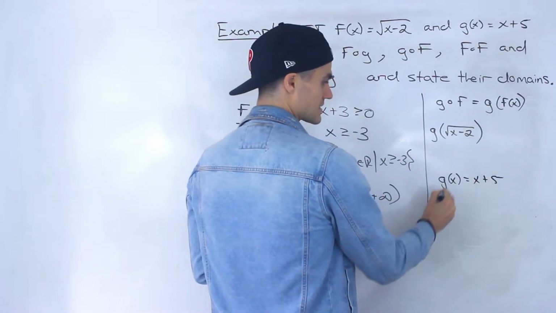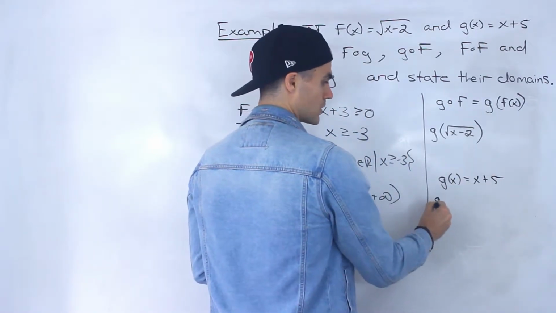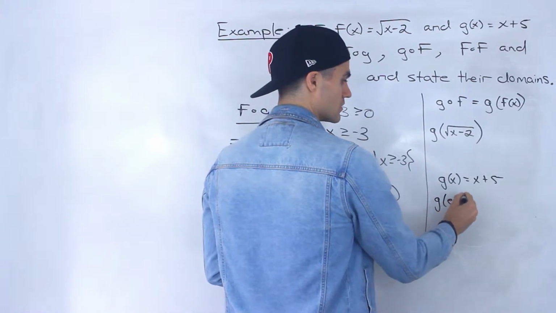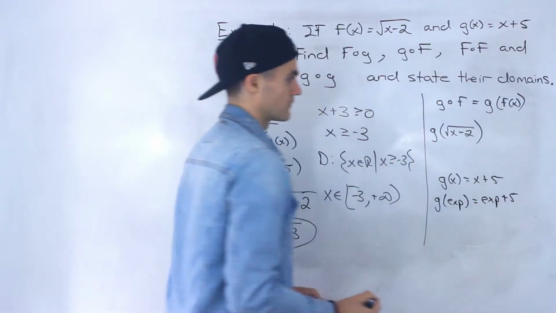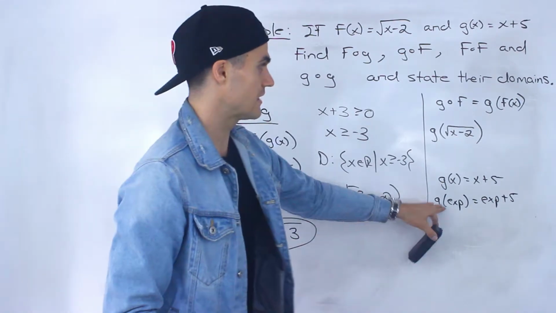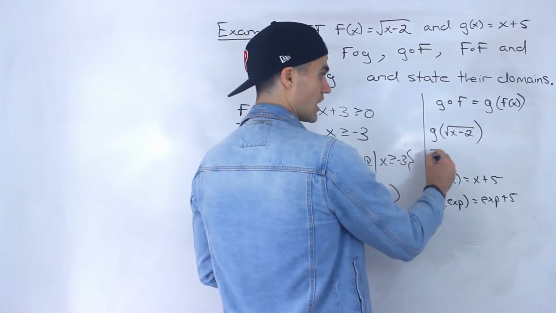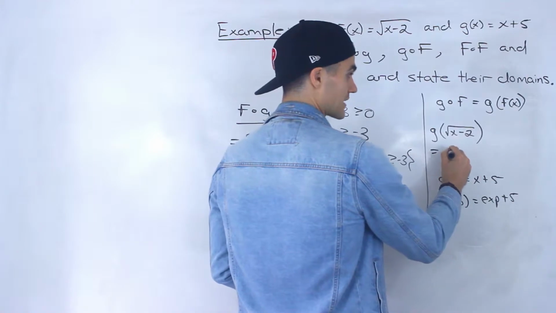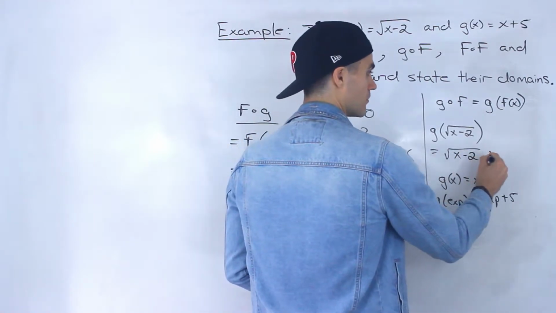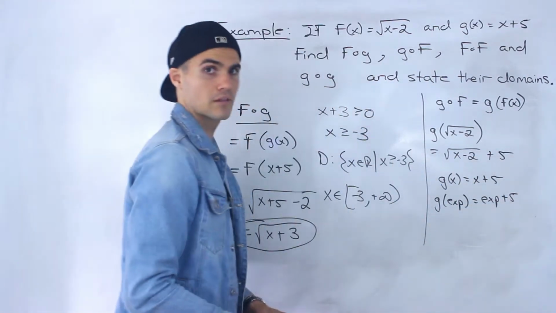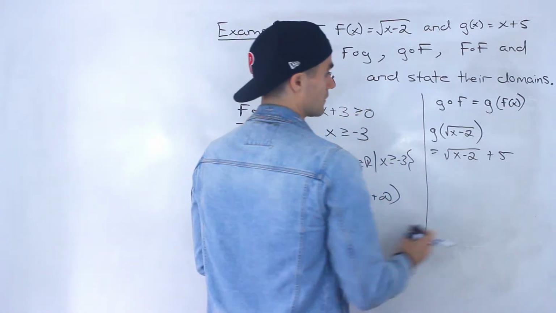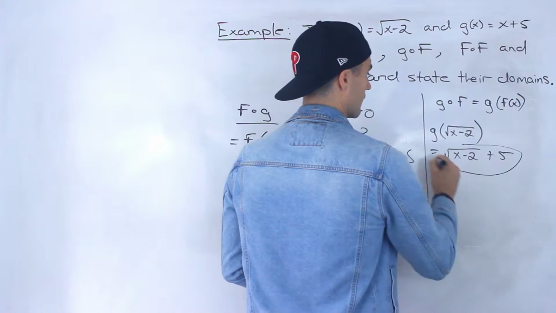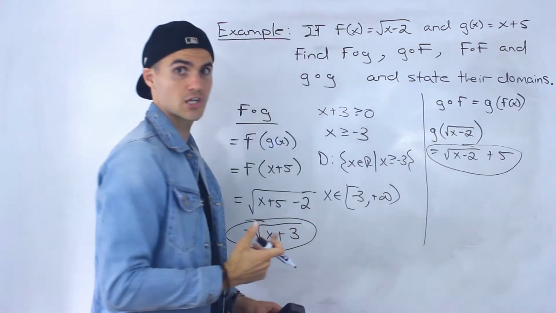If we generalize this, then we know g of any expression is going to be that expression plus 5. So applying this here, g of this expression is going to be that expression plus 5, like that. We can't simplify that any further, so that is the function for g of f.